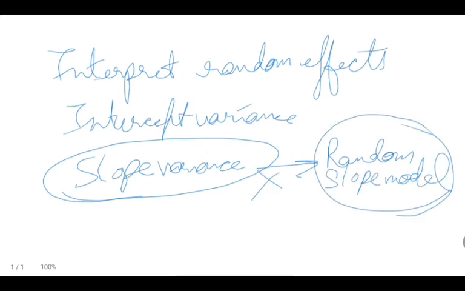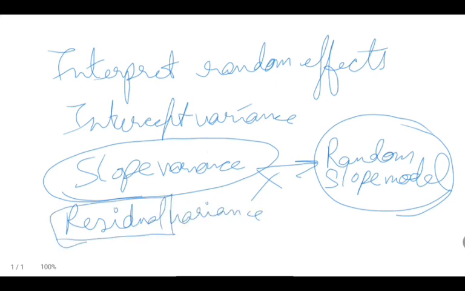And then we interpret the residual variance. So actual minus predicted value is known as residual, right? It represents the unexplained student level differences left over within the schools.